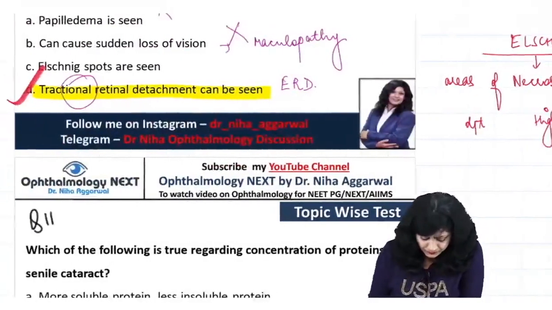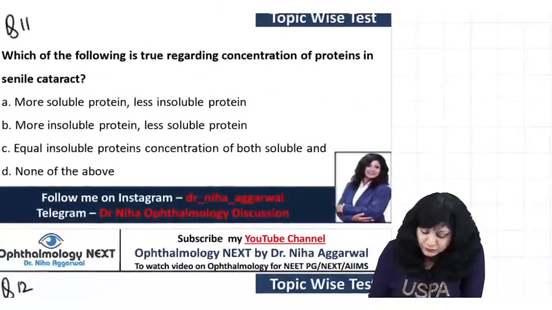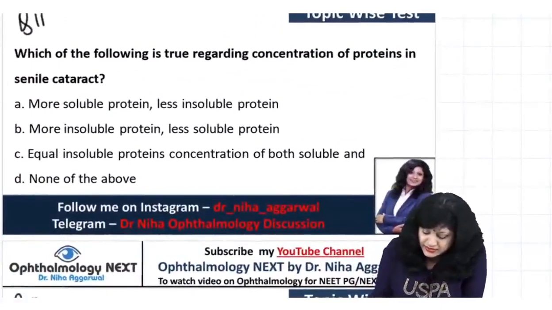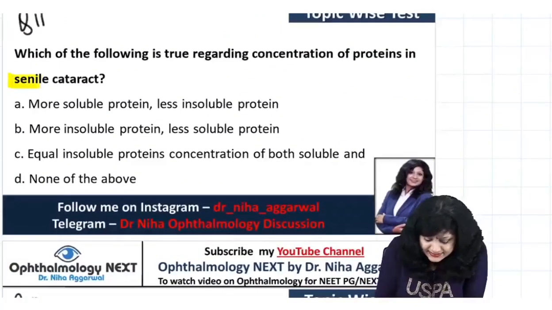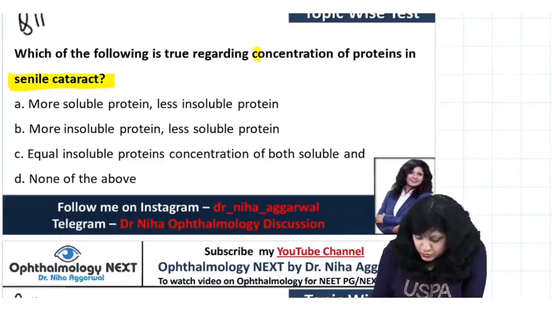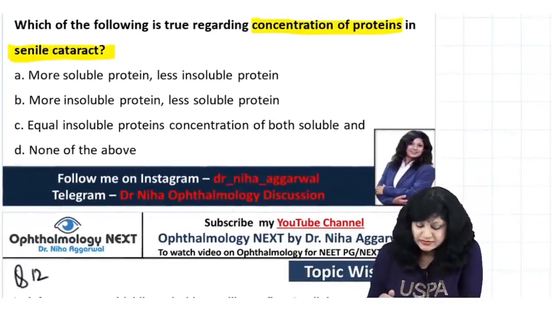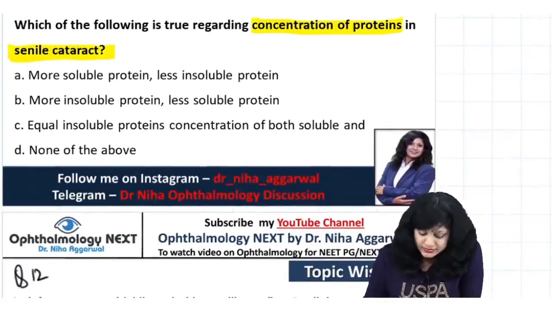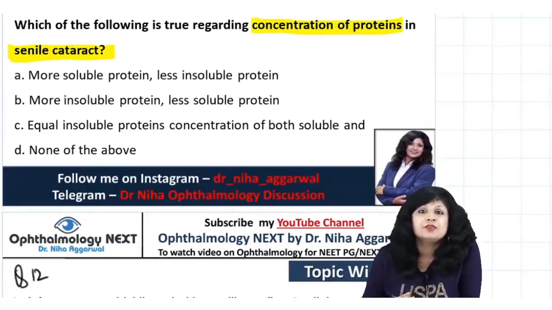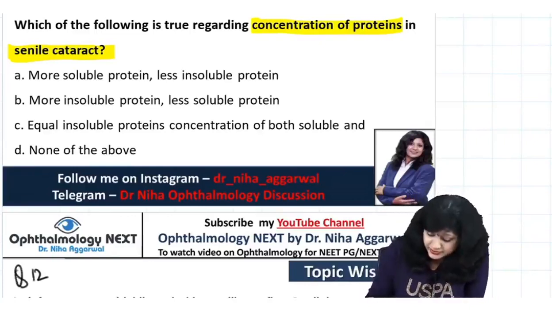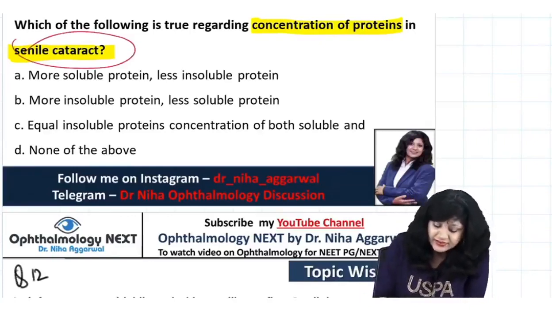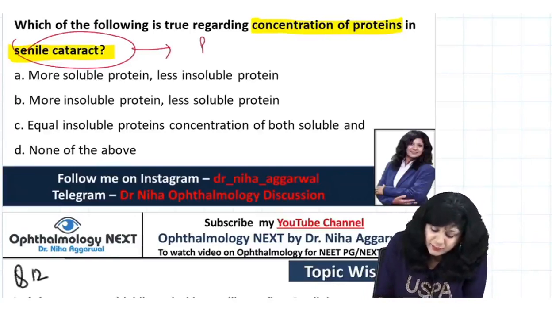Okay. Question number 11. Which of the following is true regarding the concentration of proteins in senile cataract? So how do you get the proteins there? More soluble, less insoluble, more insoluble, less soluble, equal, or none of the above. If there is a cataract, I should get protein denaturation, right?